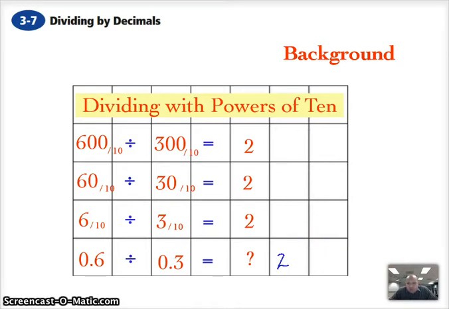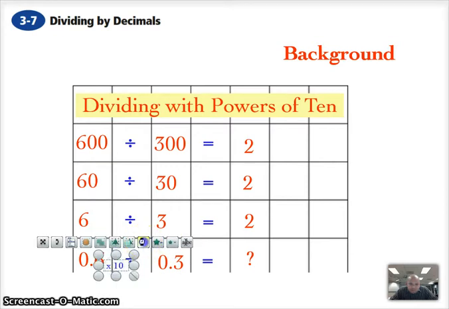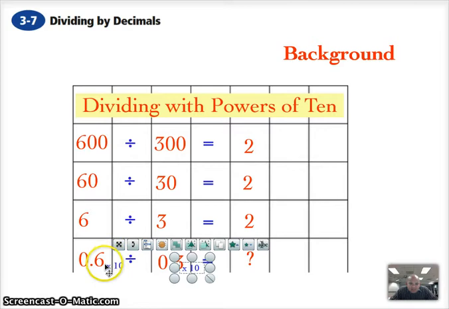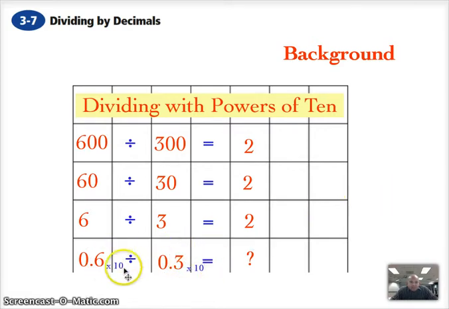Now, we're going to do the reverse. This time, I'm going to take it and multiply by 10. I'm going to duplicate this. Multiply not only the dividend by 10, but the divisor by 10.